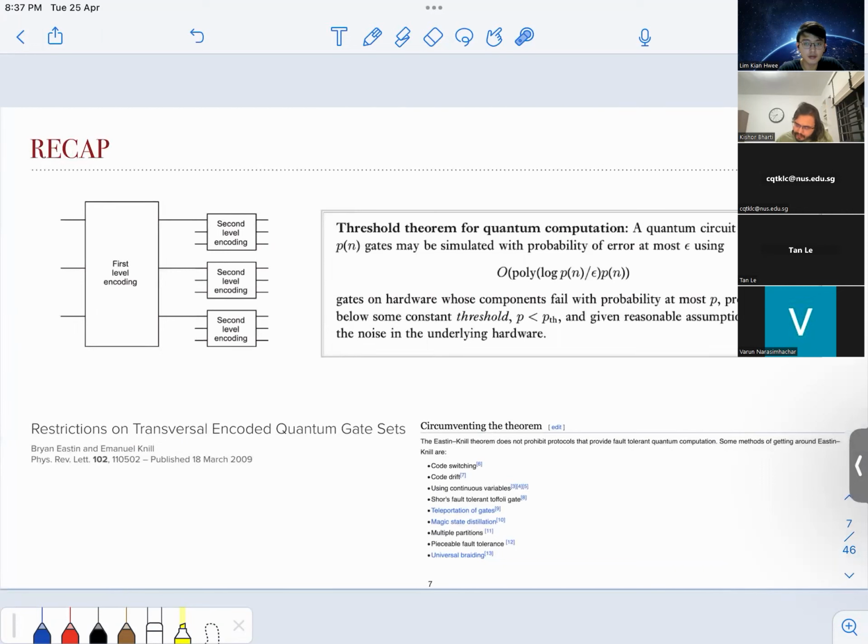And then we also talked about concatenation, and used it to come up with a toy version of the threshold theorem for quantum computation.